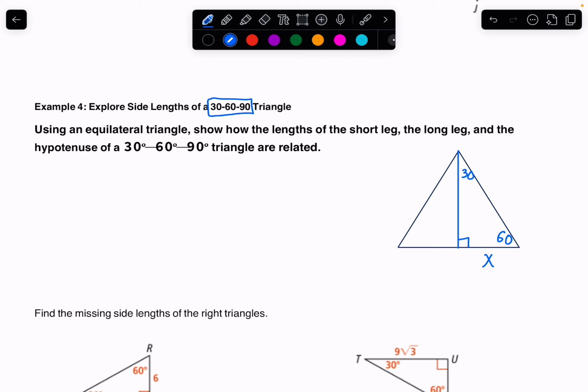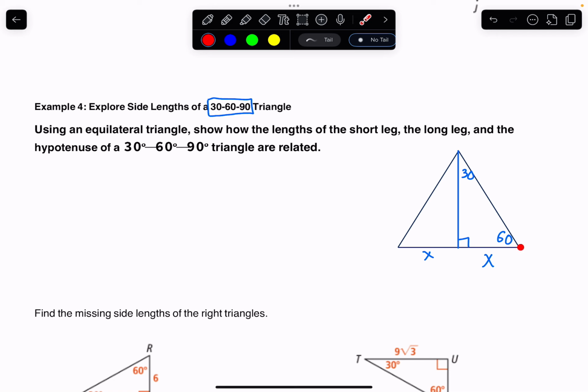But if I think about this, this started as an equilateral triangle. Then I cut that base in half. So if this piece is x, well, that means that this piece is also x. And that means we can make an assumption about every side of this right triangle.